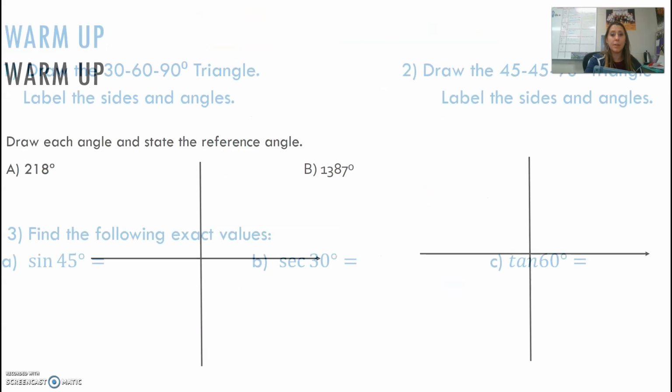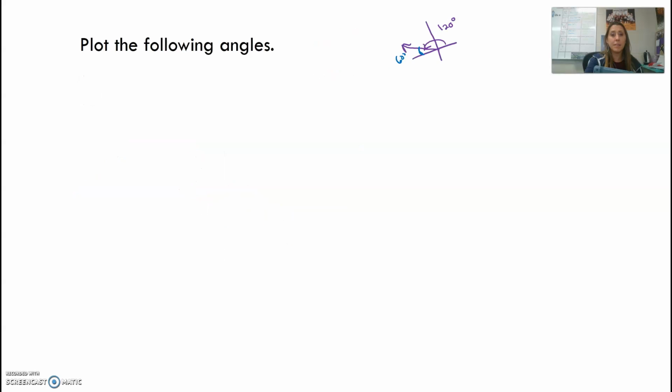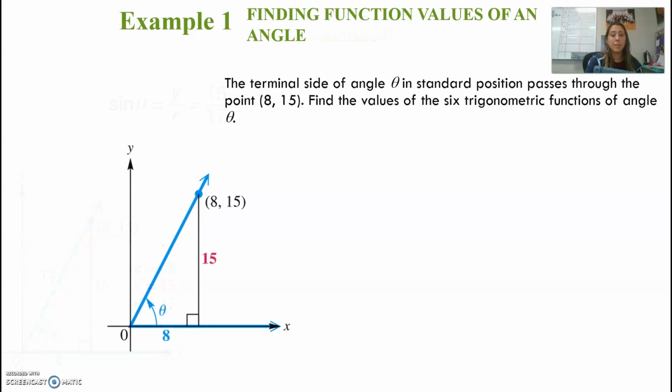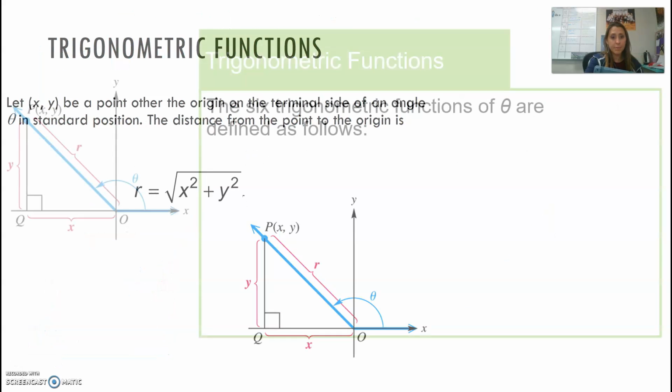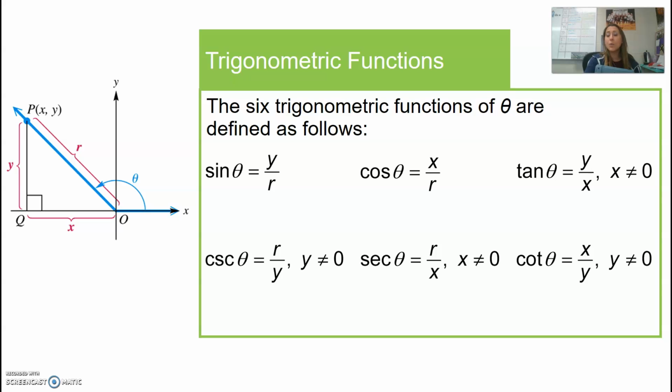Here it is. So tangent is y over x. This is where, when you have a triangle that we don't have references for, it's going to help us.